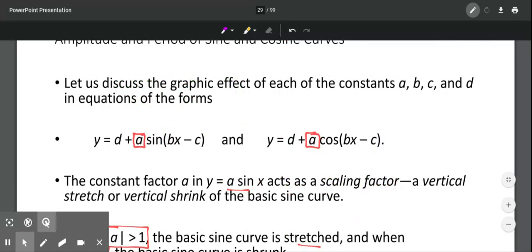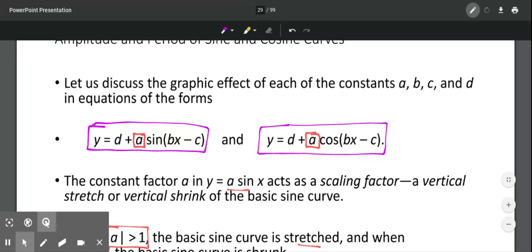Okay, so I'm taking you back to this slide, which was towards the beginning of the slideshow, but this gives you that whole equation, where here they have the d in the front, but the d might be at the end, right? So you might also see it as y equals a cosine bx minus c plus d, right?